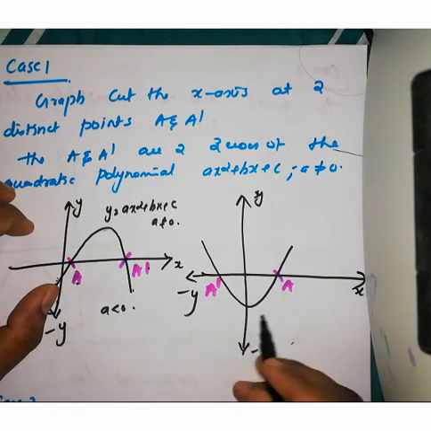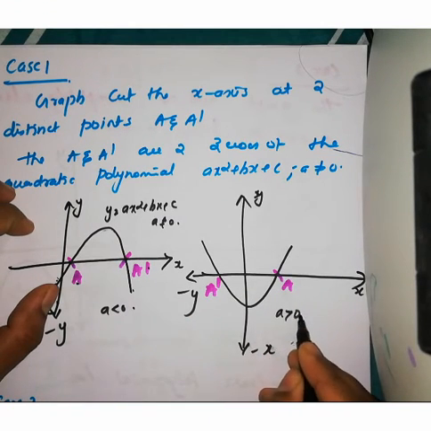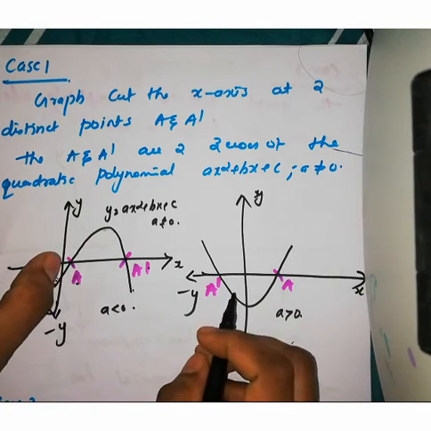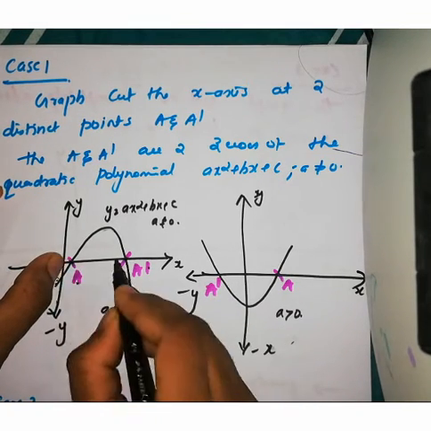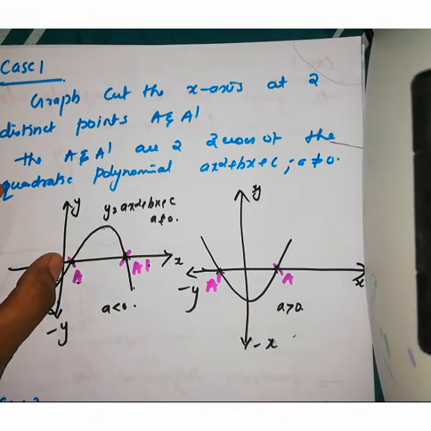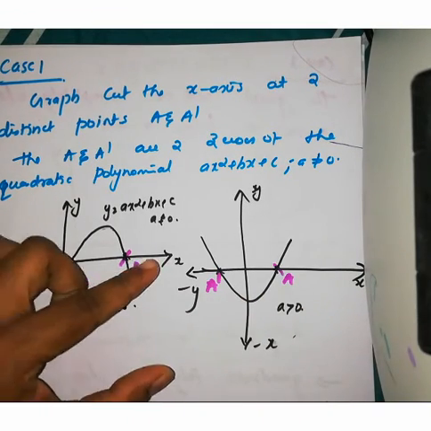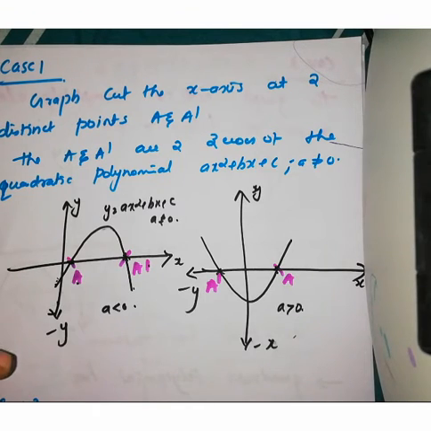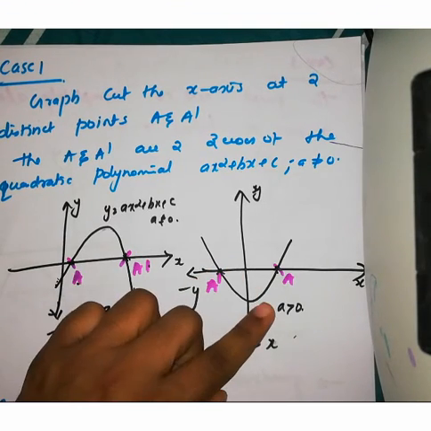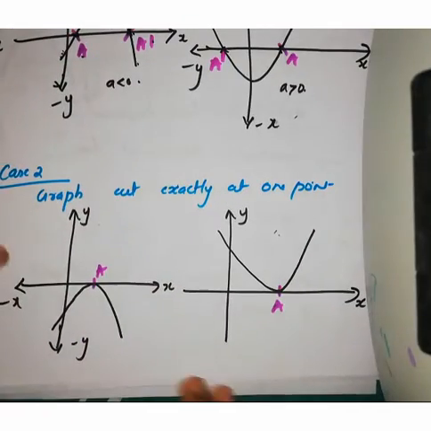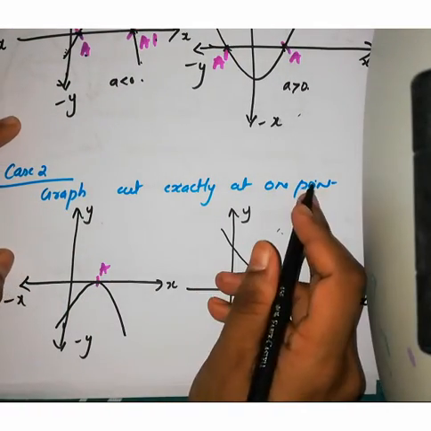This opens upward, so it is a greater than 0. Here we can see that the graph cuts the x-axis at 2 distinct points. Clear? So this polynomial ax square plus bx plus c has two zeros. Clear? Two zeros.